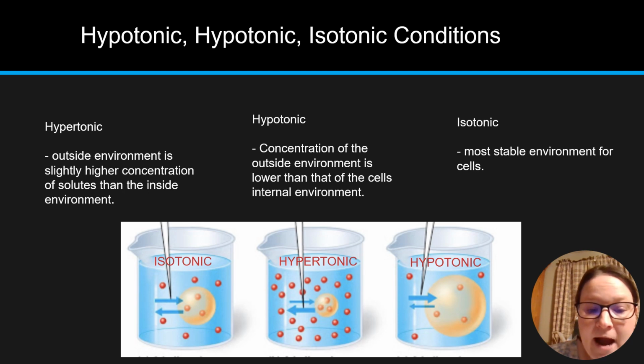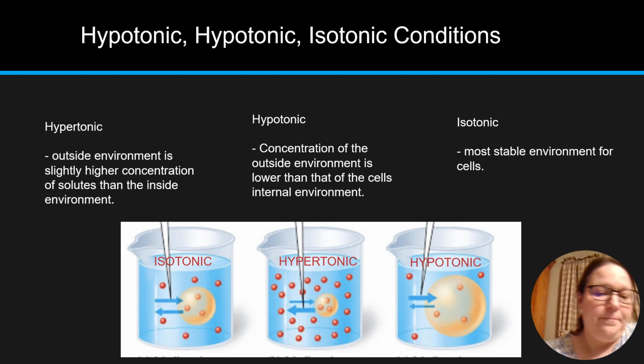It's a slightly higher concentration of solutes than inside the environment. Then we've got hypotonic. The concentration of the outside environment is lower than the cells of the internal environment. And then we've got isotonic, which is the most stable environment for cells. Now, hyper meaning high, we can always remember that is the higher concentration. Hypo meaning low is the lower concentration. And then isotonic is the most stable.